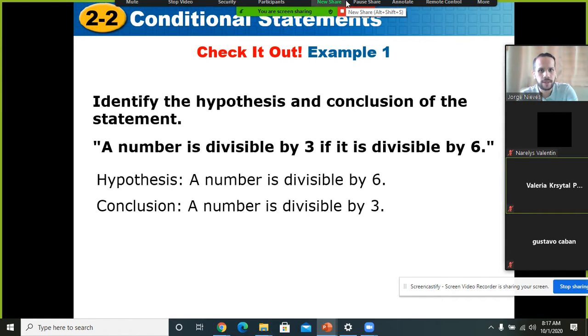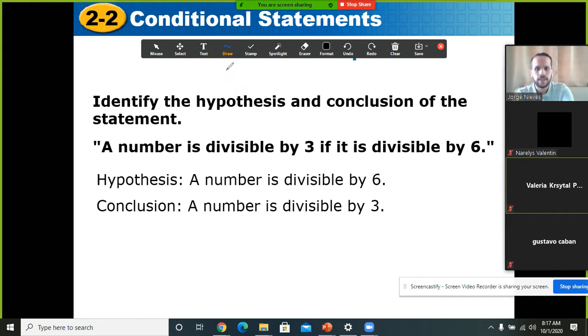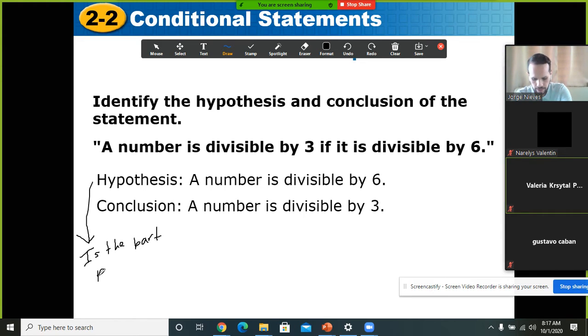Let me review this very quick. That's what we see in the definition. Let me write them again. Okay. The definition of hypothesis was that we say it is the part P, es la parte P, okay, is the part P of a conditional statement following the word if.